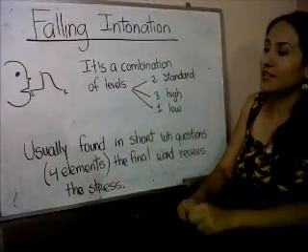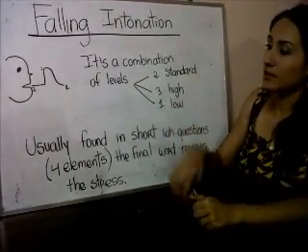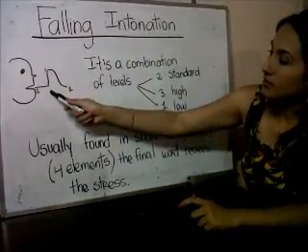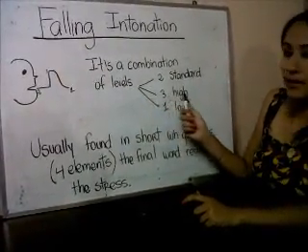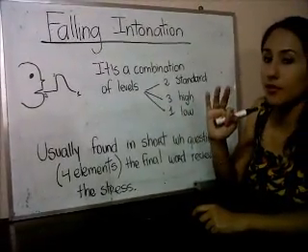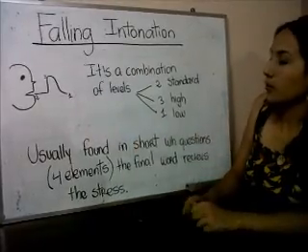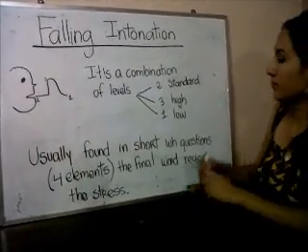Now this is the falling intonation. That is a combination of levels. Level 2, a standard level, then the high level, that is the number 3, and the last, the level 1, a slow.